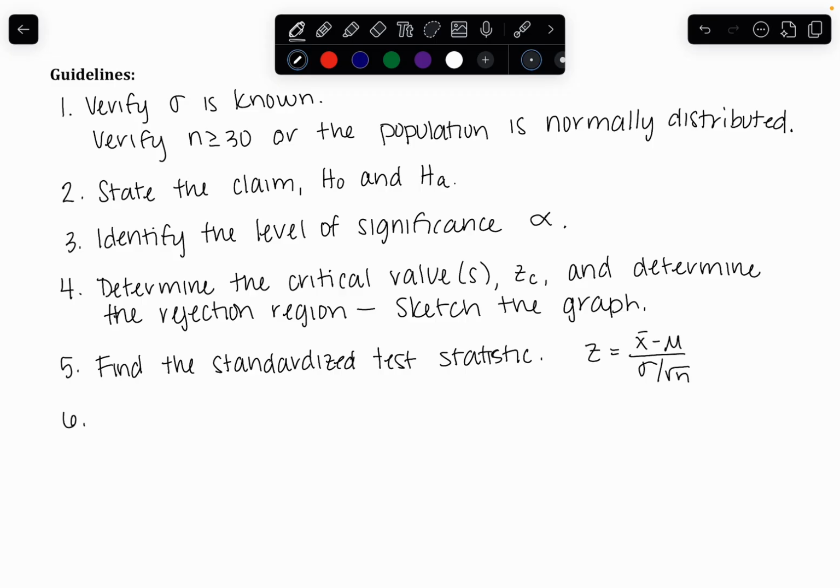Then we're going to make our decision, which remember is to either reject the null hypothesis or fail to reject the null hypothesis. And then seventh step, lastly, we're going to interpret the decision with context to the claim.